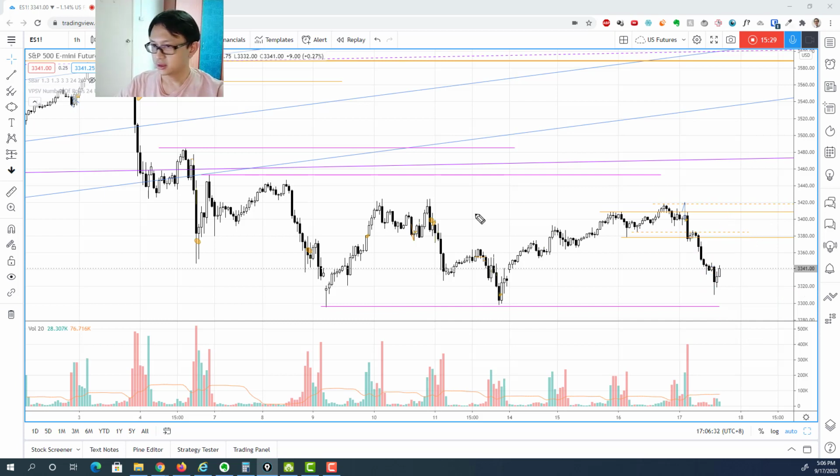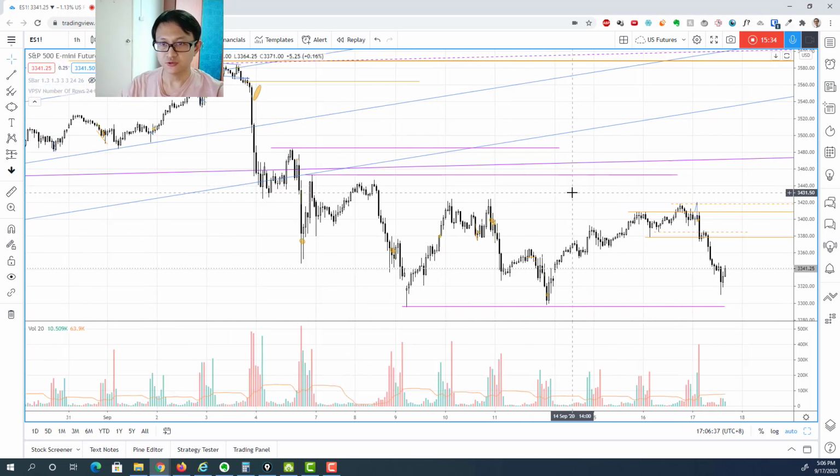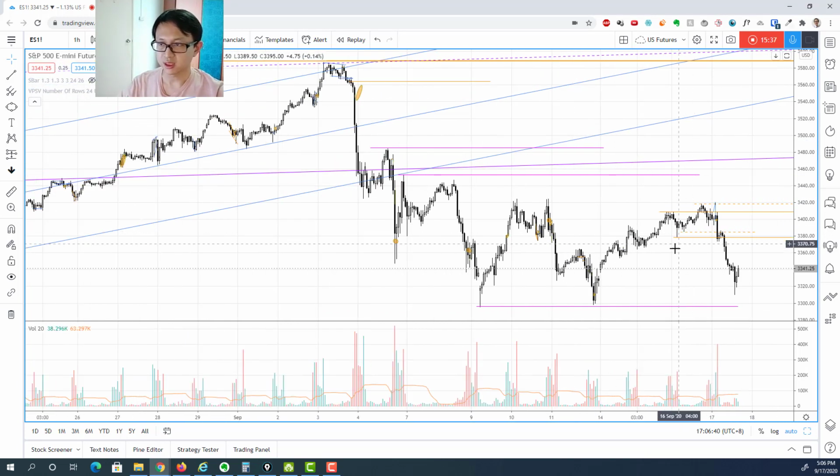But for the longer term, I think the price action for the next few days will be crucial, because if it breaks down the immediate support level at 3300, I think we'll see further weakness ahead to keep going down.